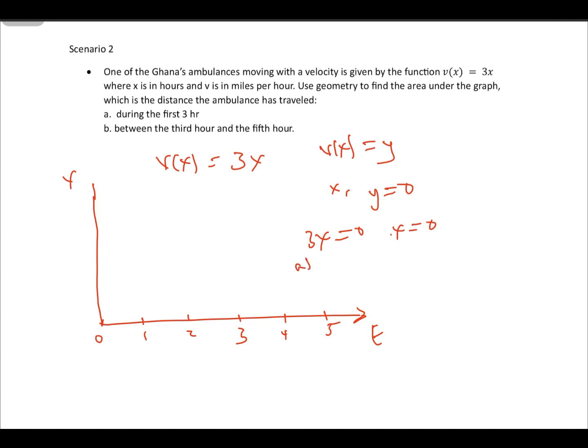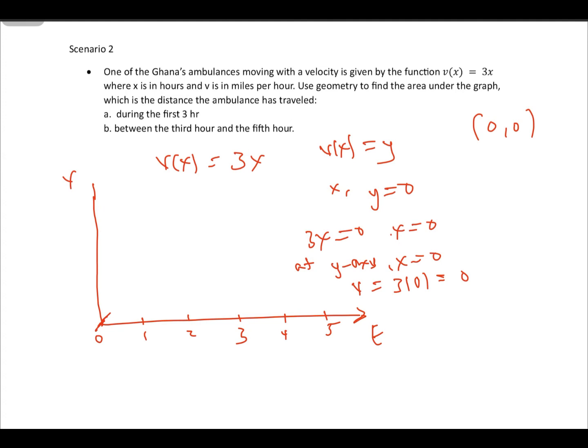And at the y-axis, x is equal to 0, and therefore y or v is equal to 3 times 0, which is 0, and therefore our point is (0, 0). So that's where the starting point comes from when you are plotting it. It passes through the origin, and the velocity is increasing.